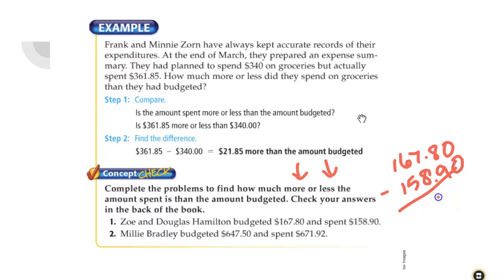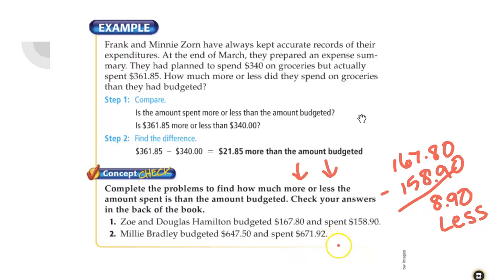And if I do that, I'd get $8.90. So because they budgeted more, they spent $8.90 less, okay, than they had budgeted. This is what they budgeted, this is what they spent, $8.90 less.